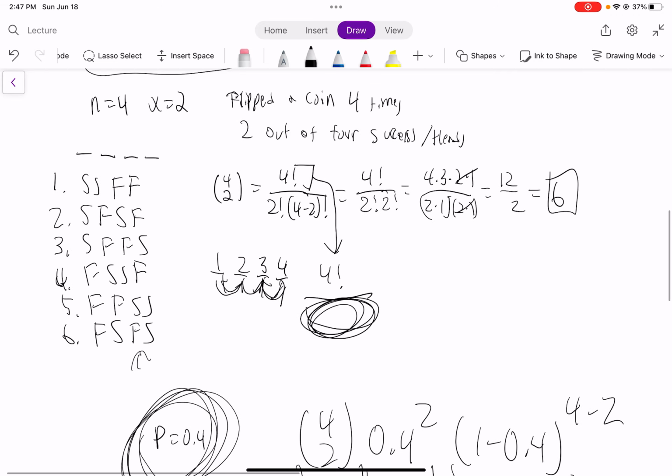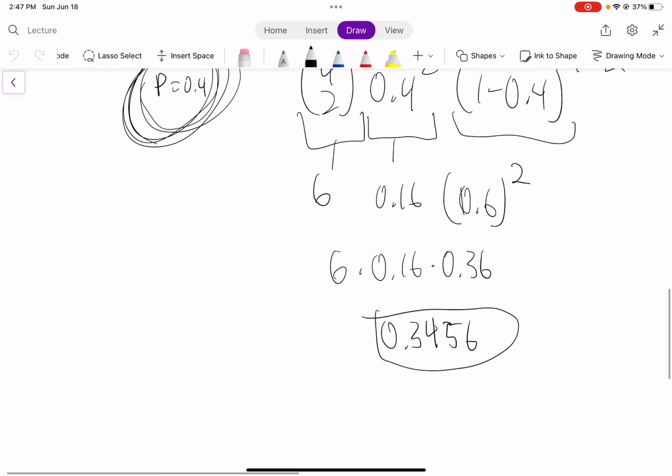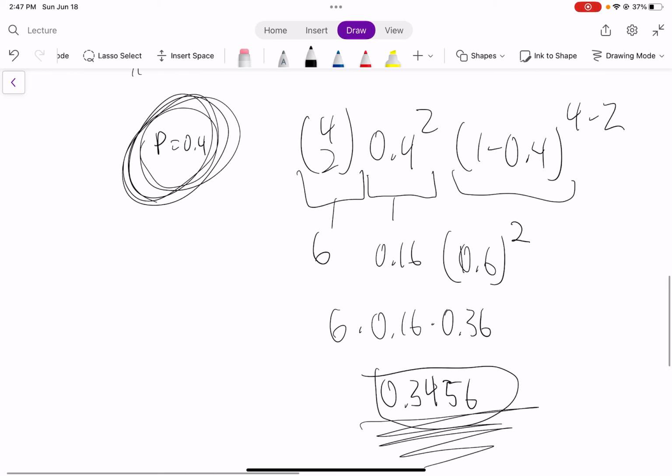And let's say in our experiment, what is the probability, given that p equals 40%, that 2 out of 4 coin tosses reveal heads? Well, that is right here, 34.56%. That is what the number represents.